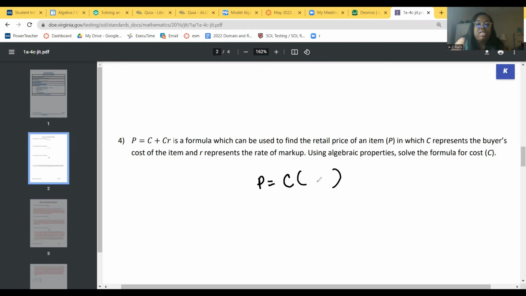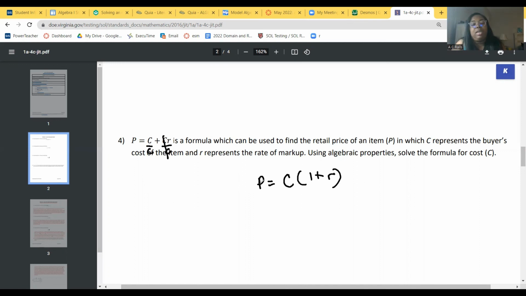Factoring out a C or dividing out a C is not that bad. C divided by C is a 1. CR divided by C is R. So what I just did was divide this by C. Anything divided by itself is 1. This divided by C would cancel and be a 1R, and I don't have to put the 1.